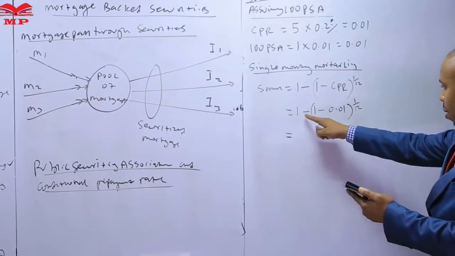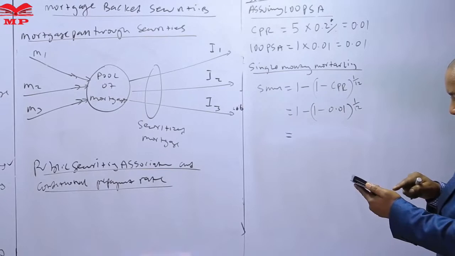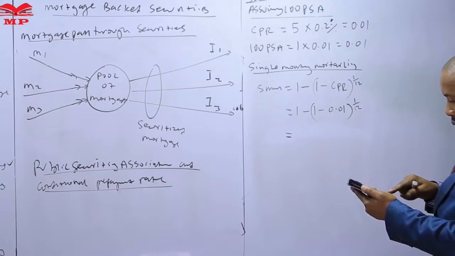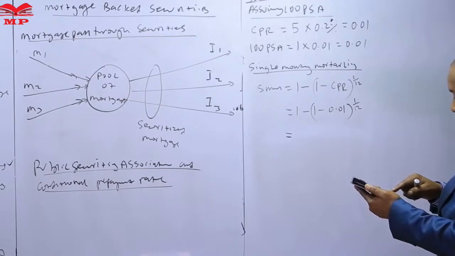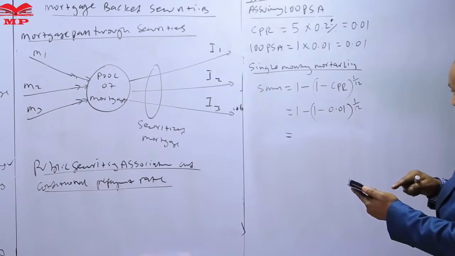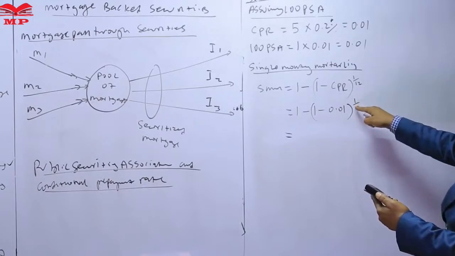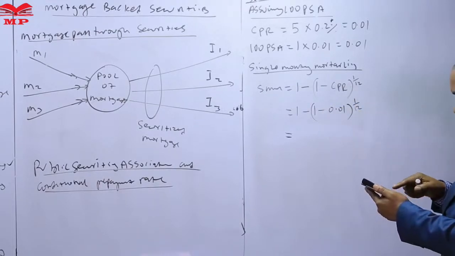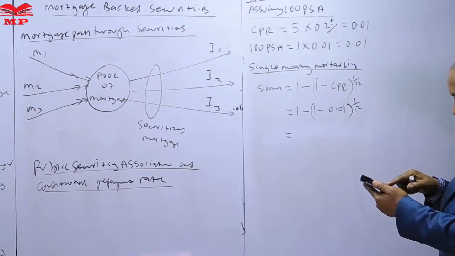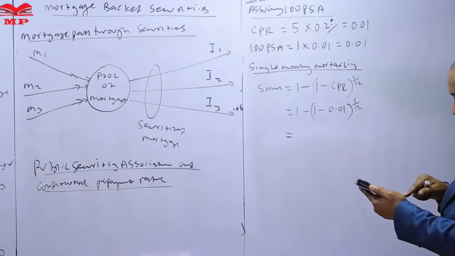So we have 1 minus, open the brackets, 1 minus 0.01. Then we get the 12th root. This power 1 over 12 is the same as getting the 12th root. So we press 12 shift root of the answer.